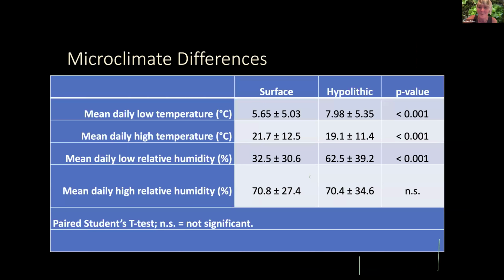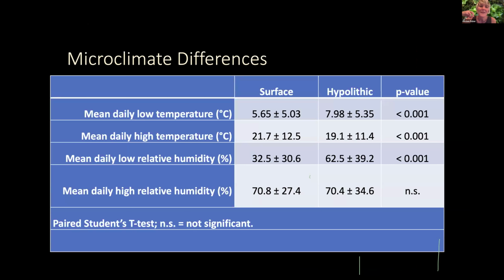This is a lot of numbers, but the basic message is that hypoliths buffer the organisms growing underneath them from the prevailing environmental stressors. Hypoliths at their very hottest are less hot than the surface, and at their very coldest are less cold, and their mean relative humidity is much higher, with less fluctuation.